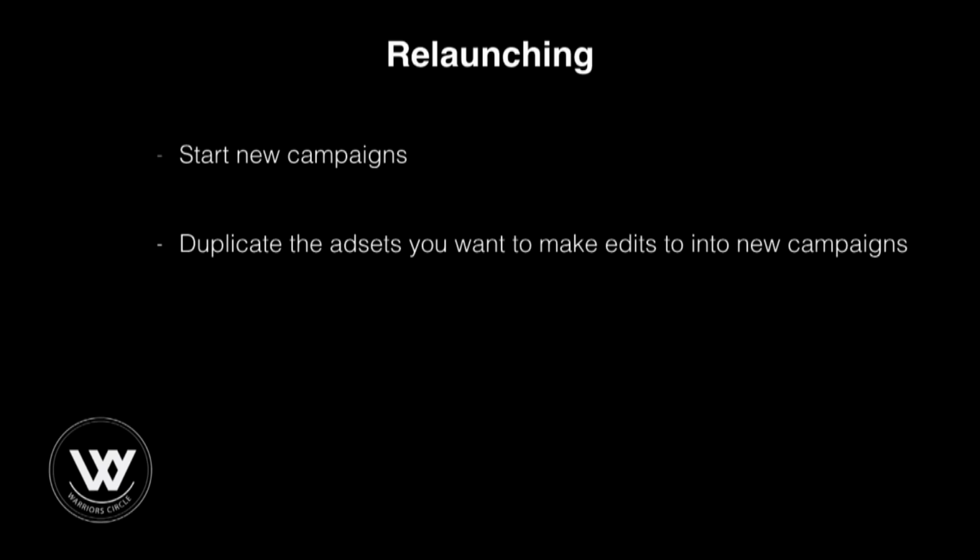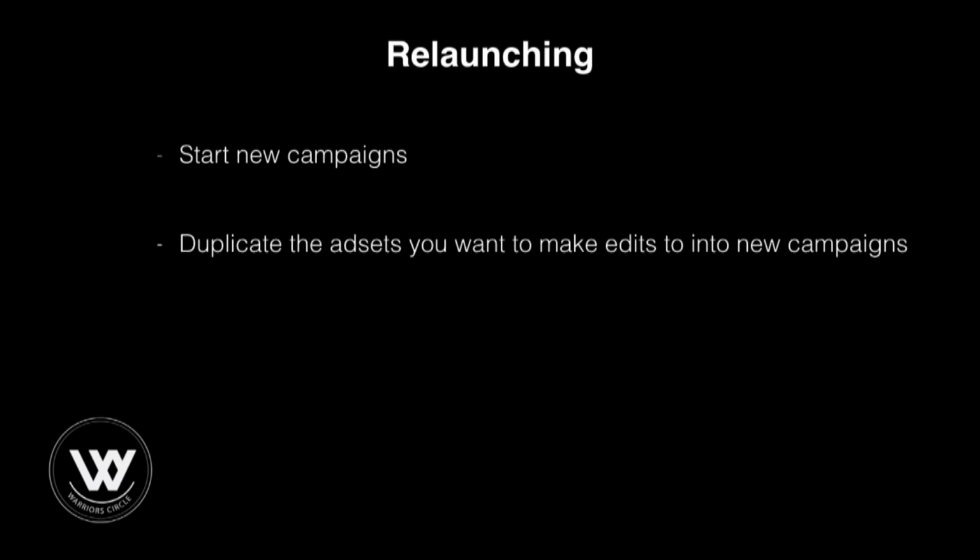Whenever you duplicate, you're definitely not going to want to keep that ad set within the same original campaign. You're going to want to launch it into a new, fresh campaign. That way you know which campaign is working and it's not going to mix together with the results of that ad set within the original campaign.